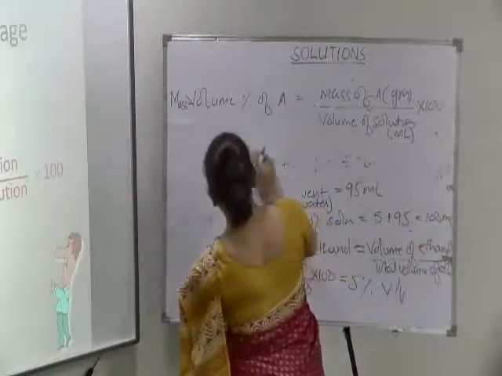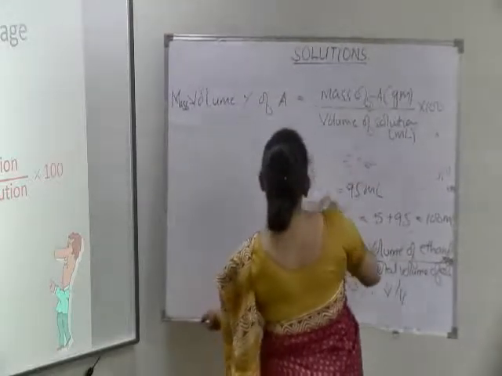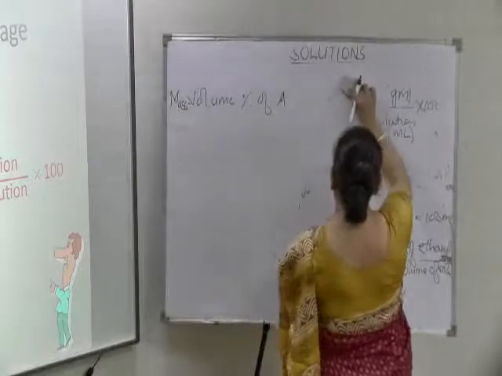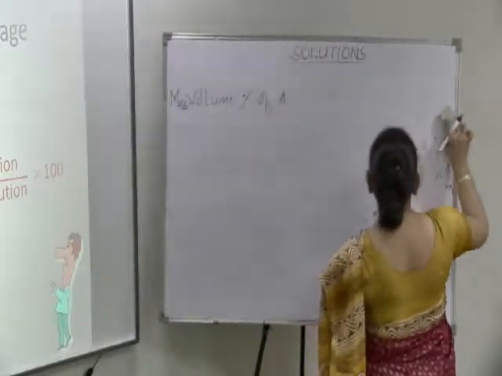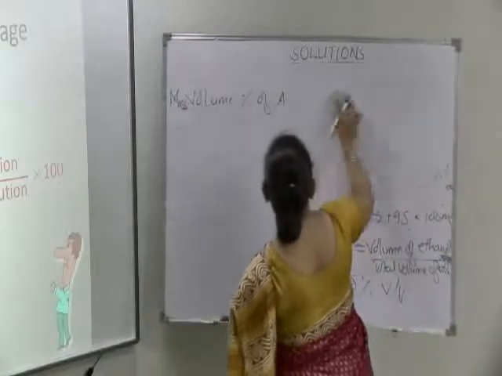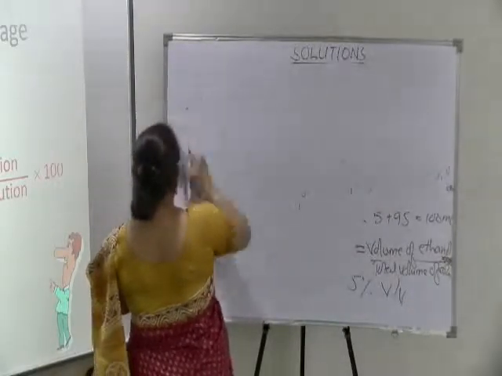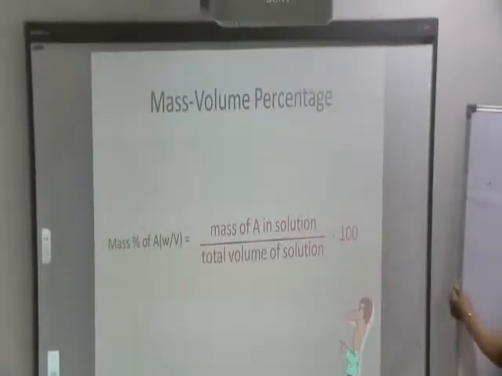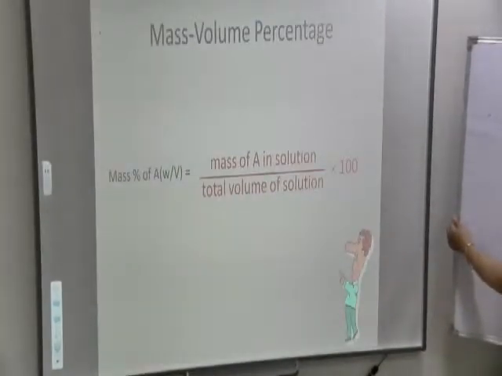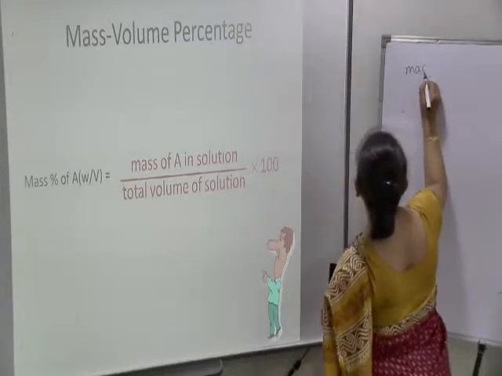So in the percentages, we have done 3 ways of expressing the concentration. The first one was mass percentage.